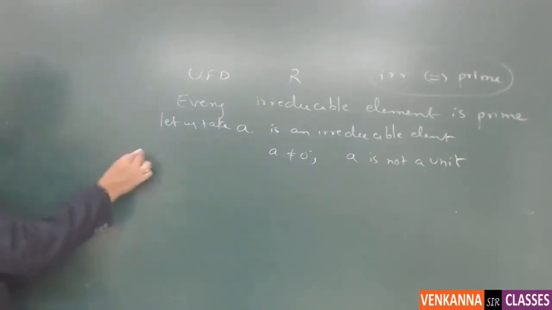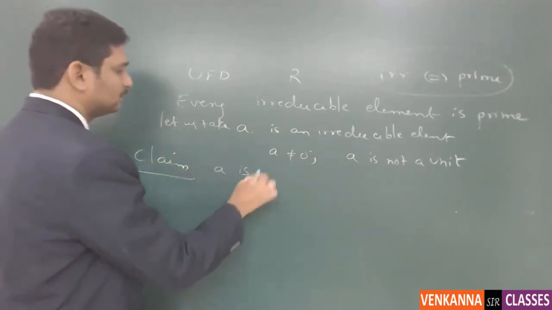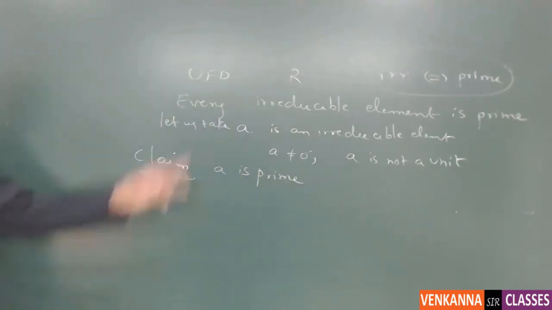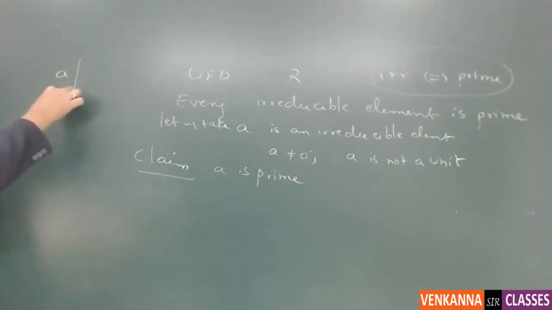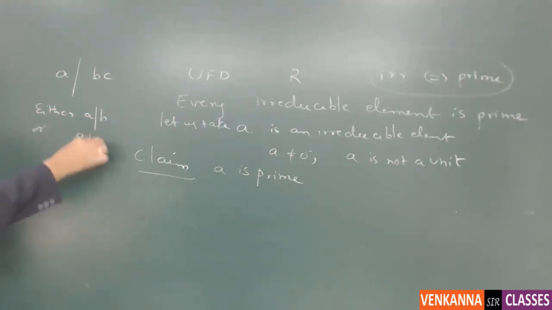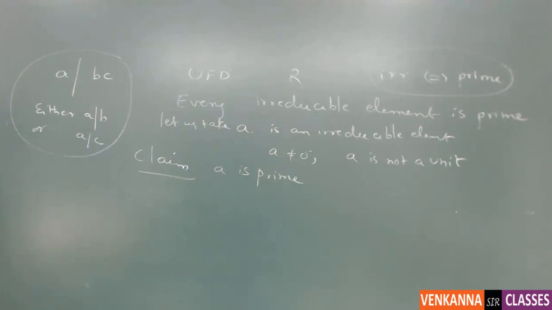Now our intention is to show that A is prime. So what is the definition of a prime element? Whenever A divides a product, we have to prove that either A divides B or A divides C. This type of situation we have to build.